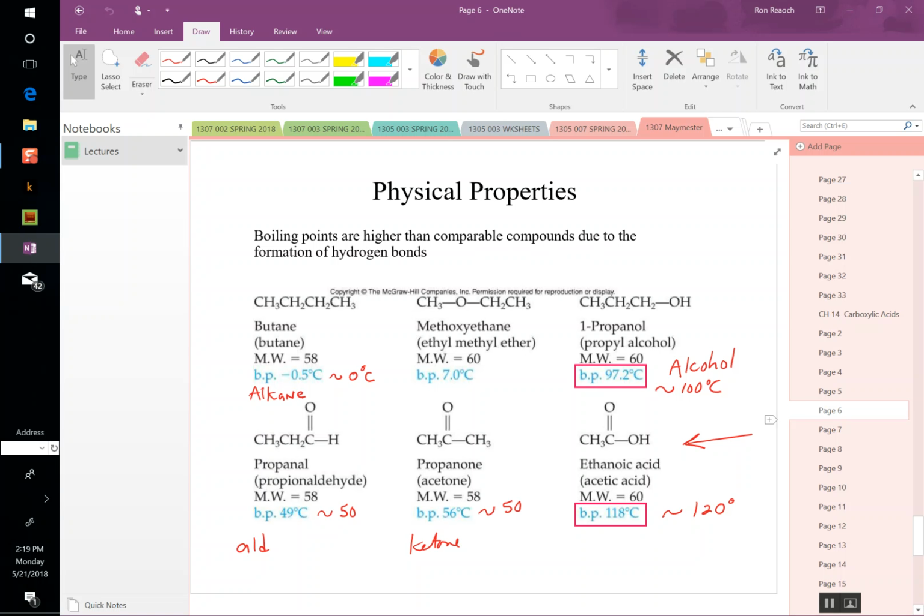So that's the kind of comparison you need to make. What class of organic compound is the most polar, and therefore going to have the stronger hydrogen bonding? I'll let you think about that. And then 1B is comparing an aldehyde to an alcohol. And then 1C again is comparing an alcohol with a carboxylic acid.